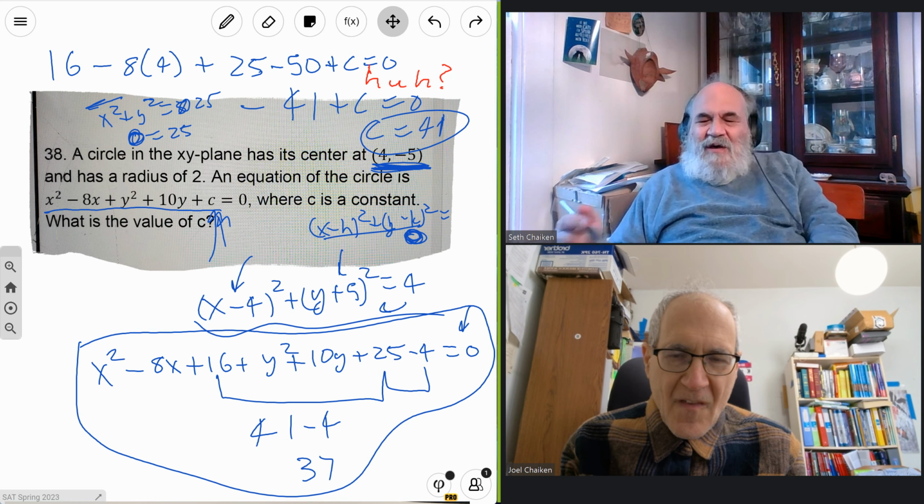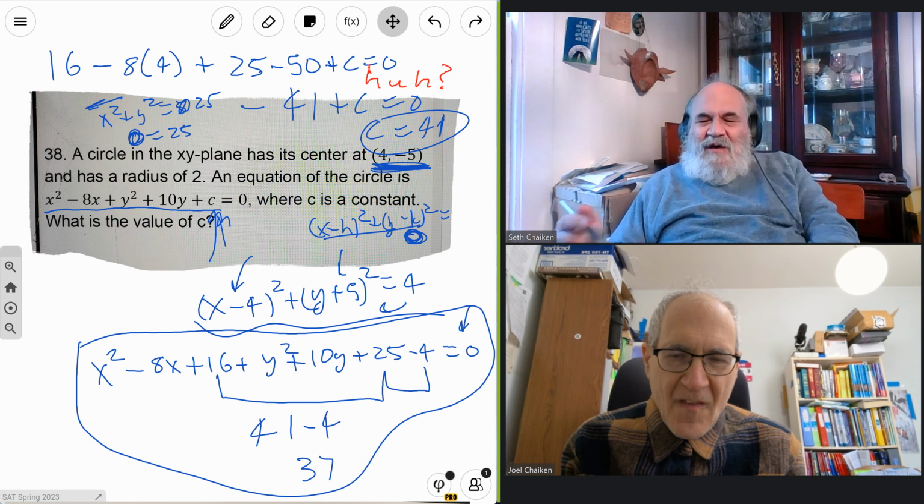Call that f of x and y, where the equation for the circle is f of x and y equals 0, and f is monic. The coefficients of x squared and y squared are both 1.